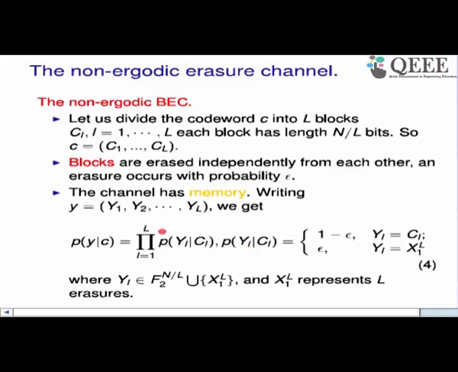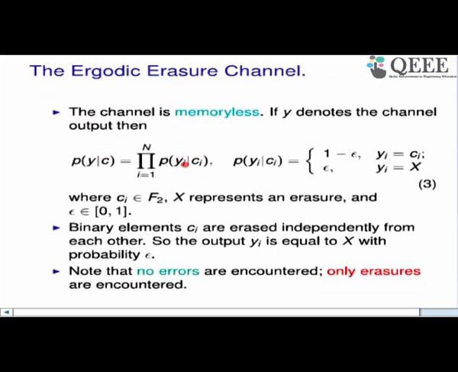Now you see the ergodic channel: each received symbol depends on the transmitted symbol and varies independently. So it is a product of capital N probability terms.